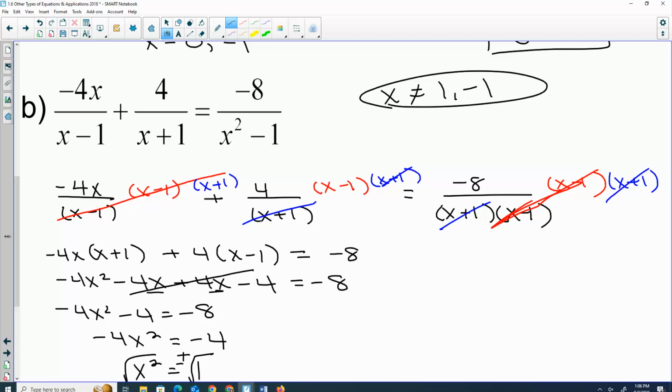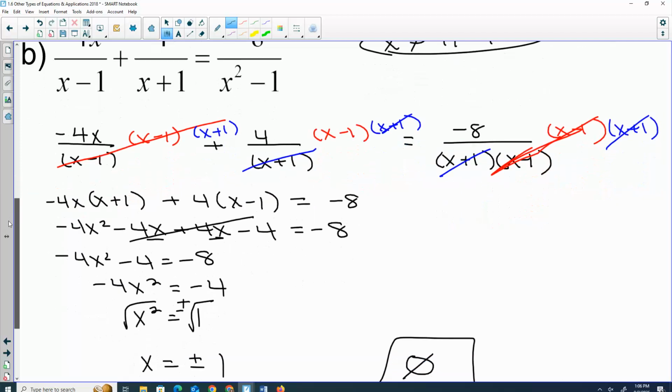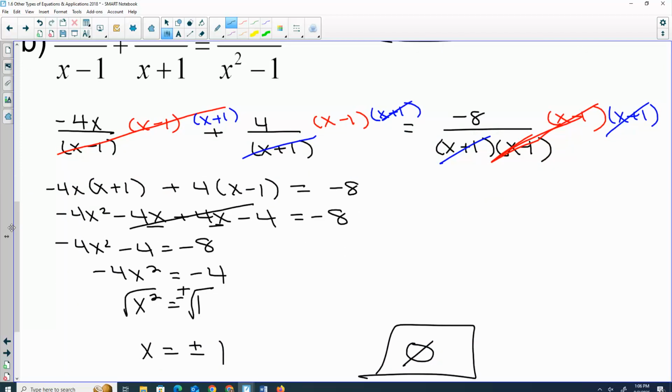You only multiply by what's left after you canceled out the bottom. Other questions? Okay. And then you divide by negative 4.